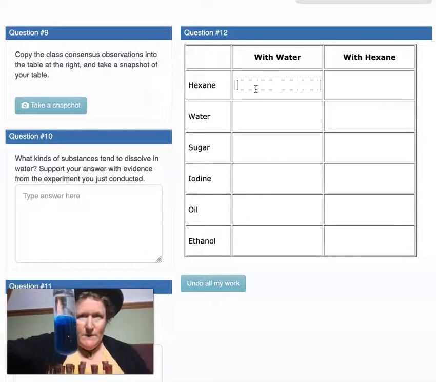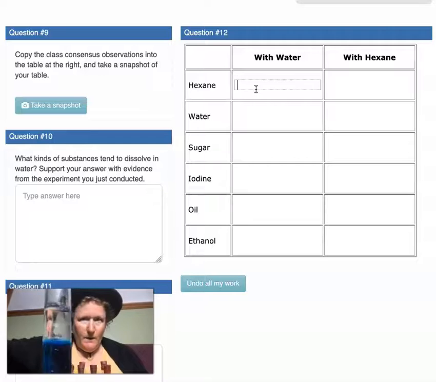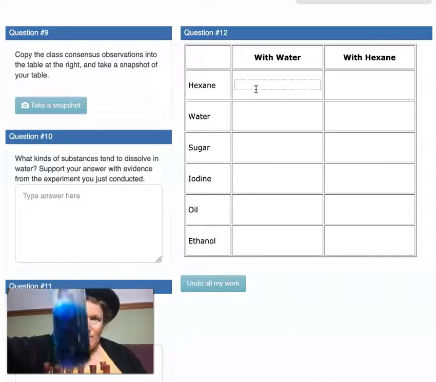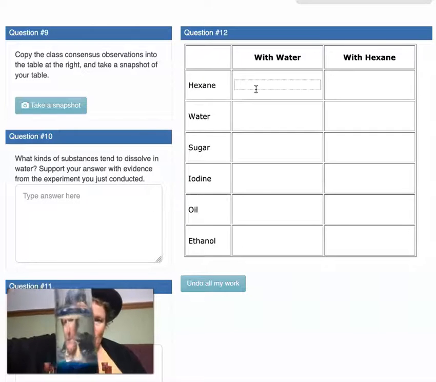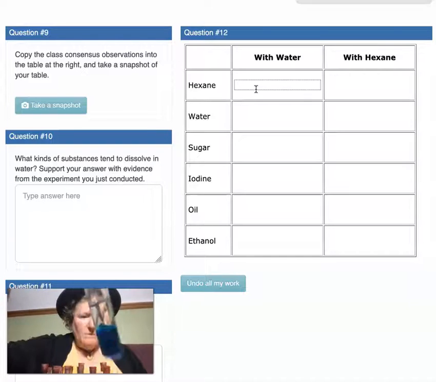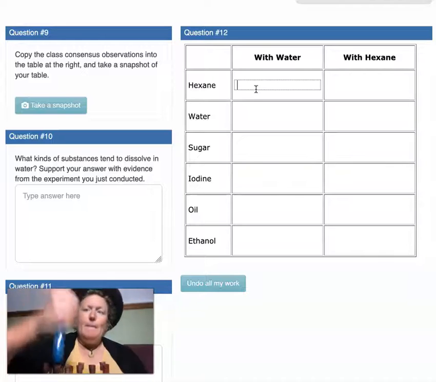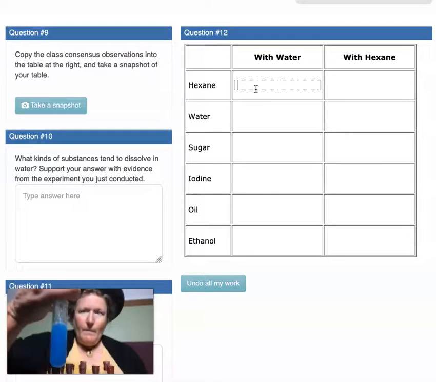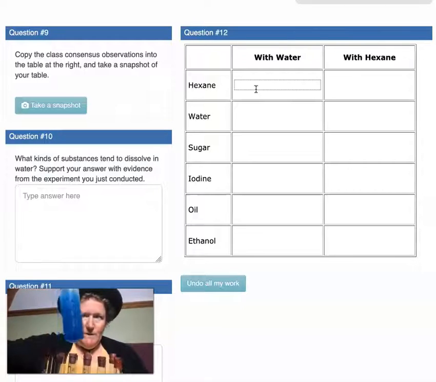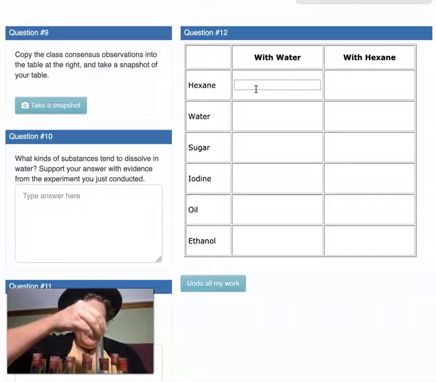Now we look at hexane with water. This one's settled. I mixed hexane with water. Water's on the bottom, it's blue, and hexane is the clear stuff on top. And I mixed this one up just like the last one, but you can see after sitting for a while, it will mix at first, just like the other one did.